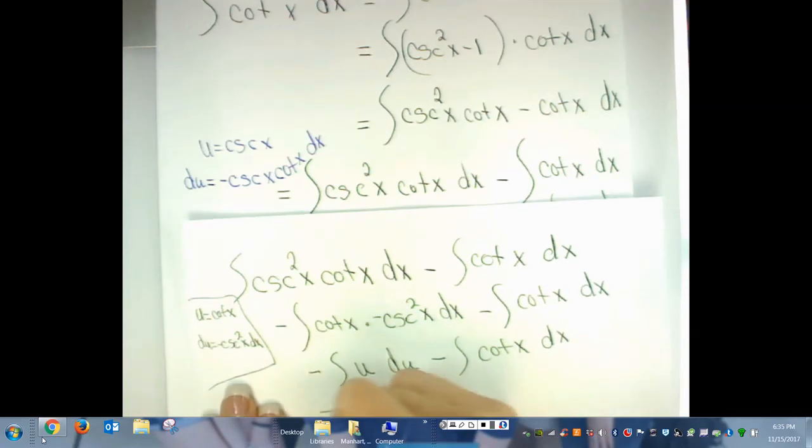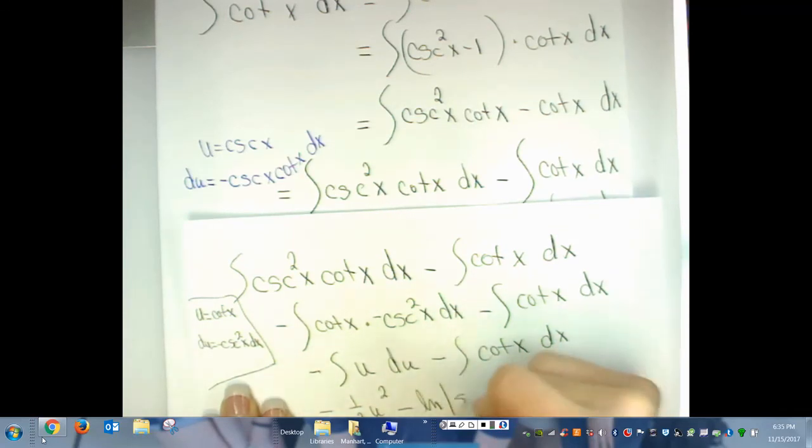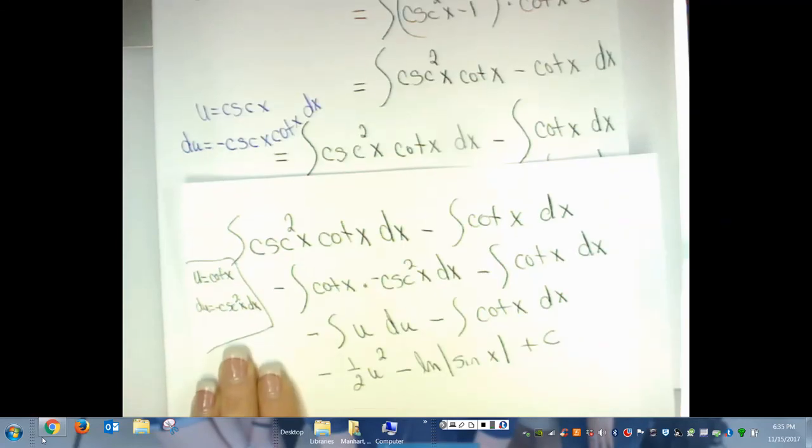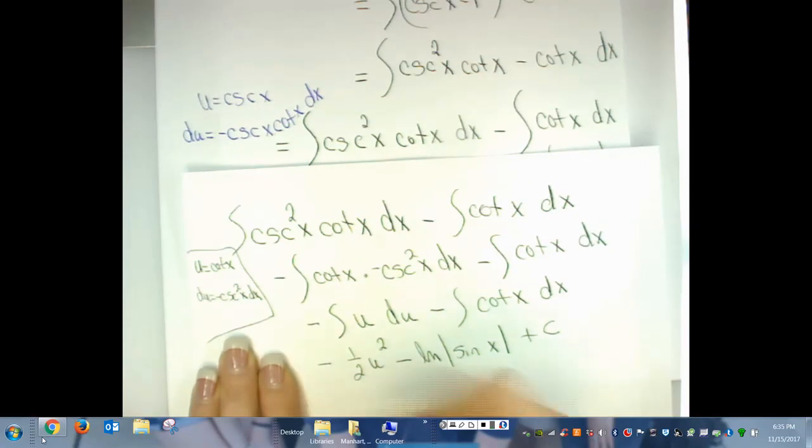This is going to be a negative 1/2 u squared minus the natural log absolute value of sine x. And u is cotangent. Make sure I did this correctly.